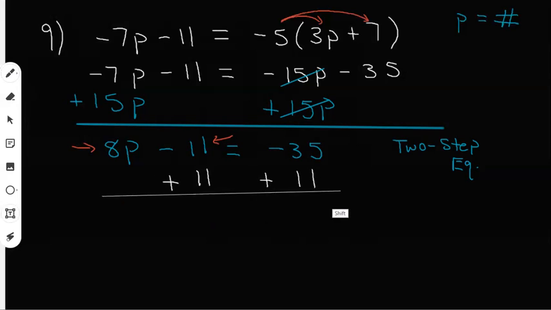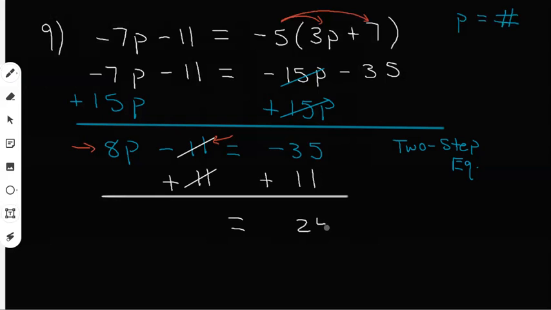What that's going to do is it's going to cancel out the 11s on the left side. And on the right side, I'm going to have all the numbers. Negative 35 plus 11 is going to give me negative 24, because the biggest number is negative.